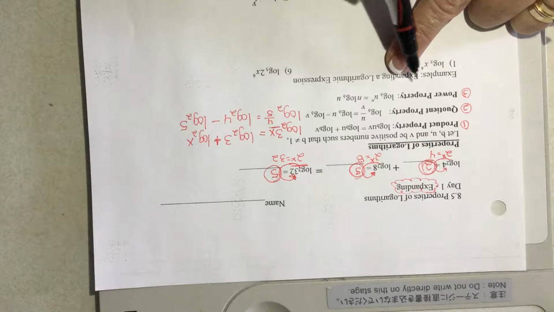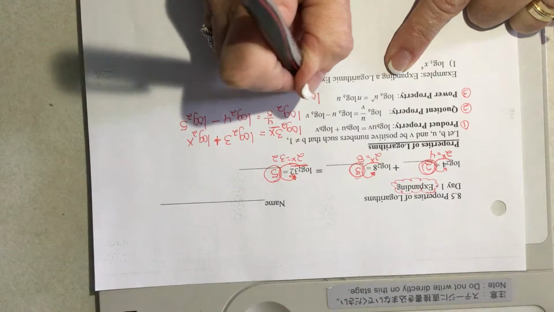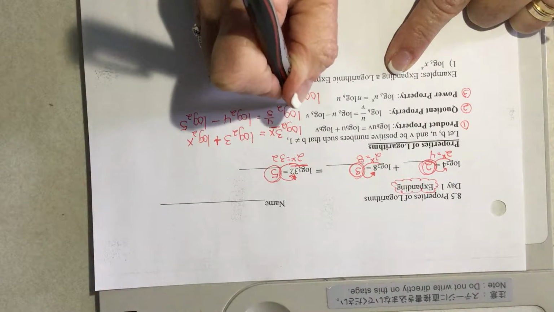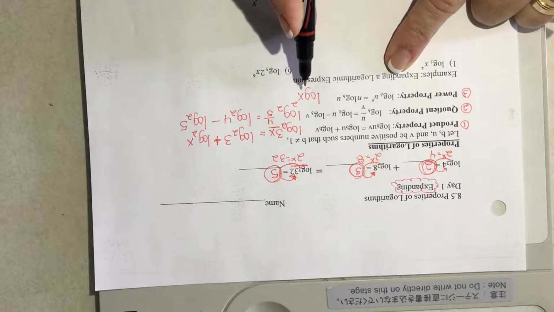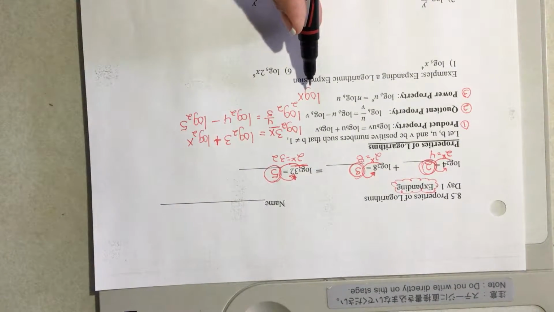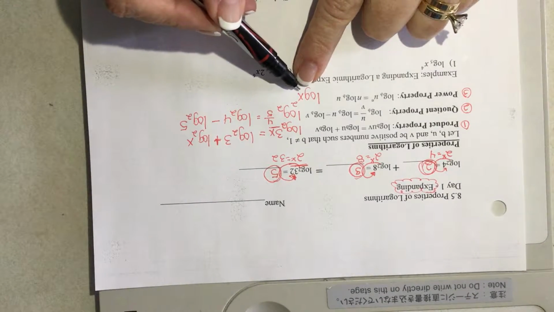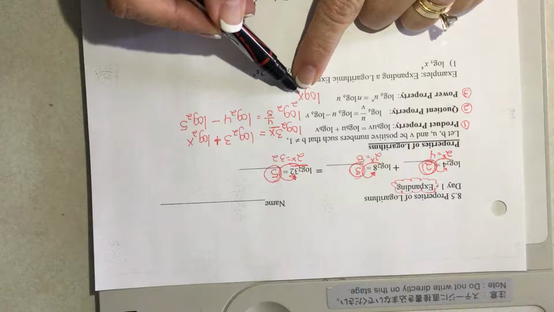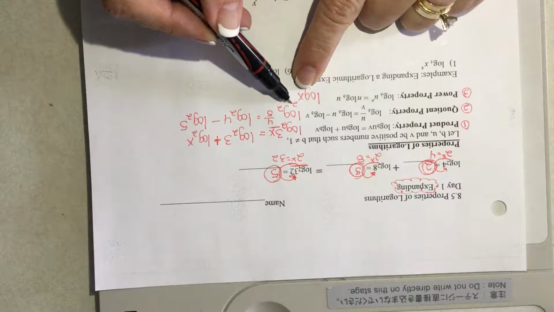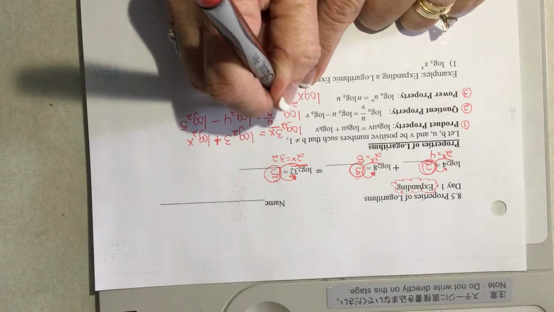Then our last property is called the power property. Here's an example of that. I'm going to be using a common log. There is no base. Well, there is a base. It's base 10. But because it's a common log, we don't have to show it. But now my argument has a base of x being raised to the second power. So that's why it's called a power property.